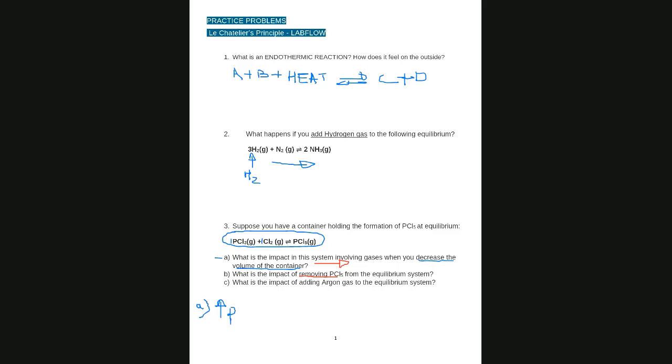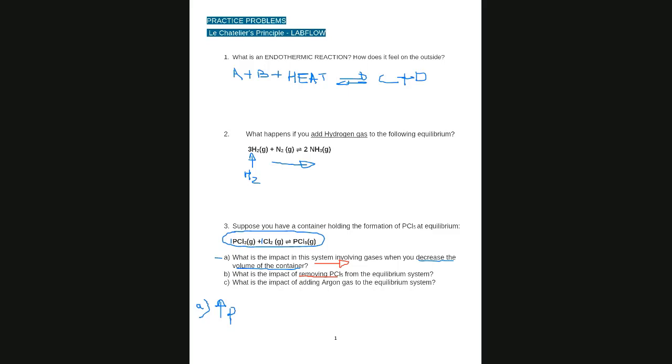What is the impact of adding argon gas to the equilibrium system? Inert gases increase pressure. That is correct. The argon gas does not appear in the equilibrium, but the presence of argon will increase the pressure in the container. So the system will shift to the side with fewer moles of gas.